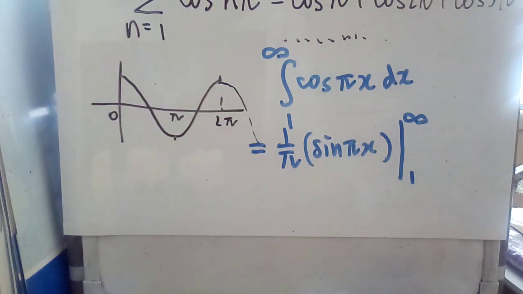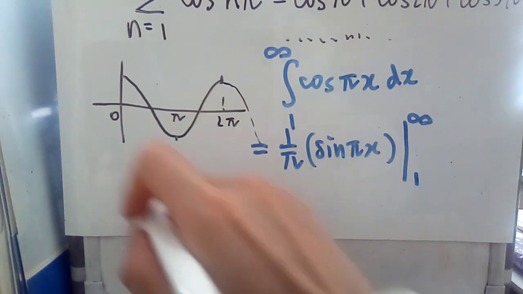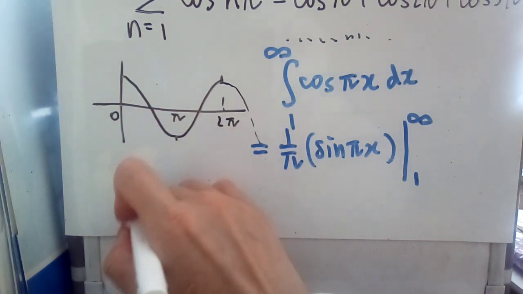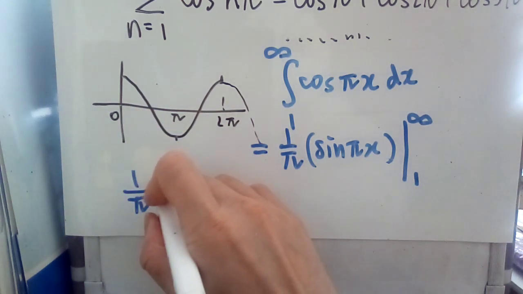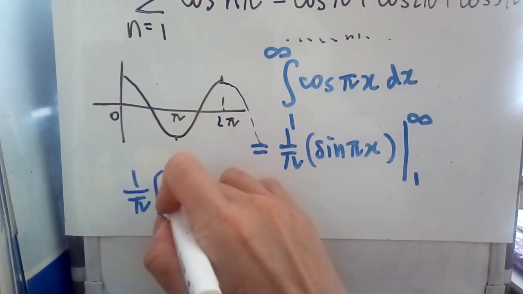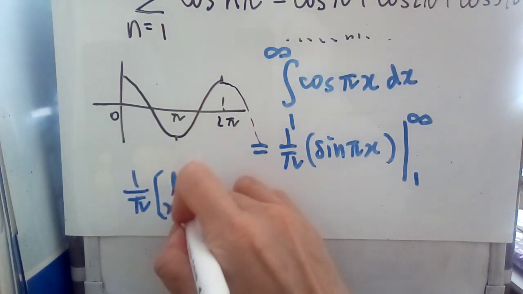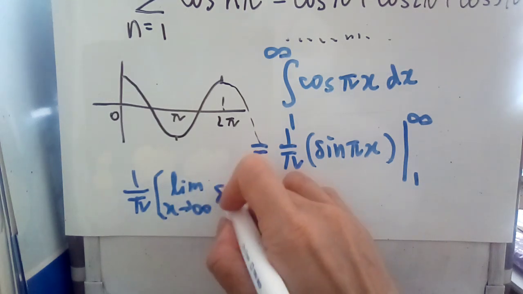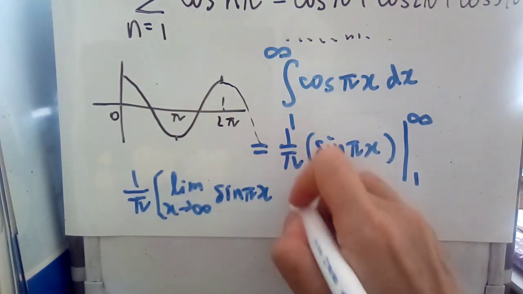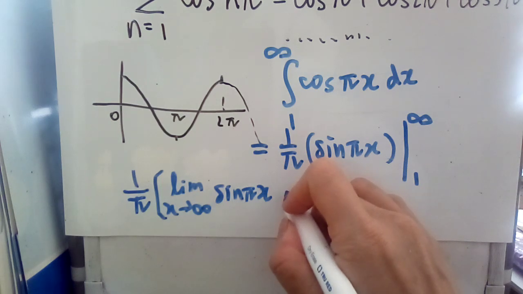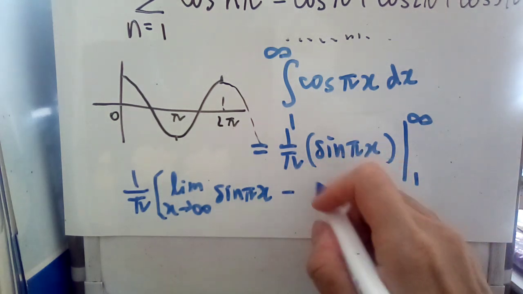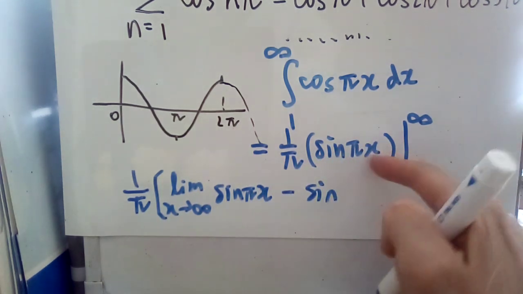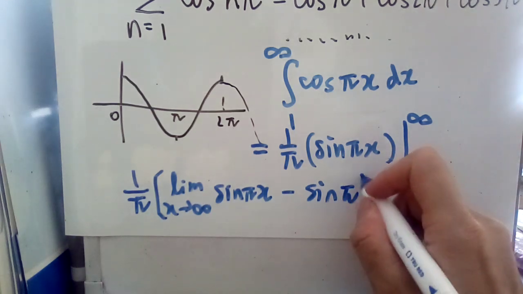So I can rewrite it as 1 over pi, and then this is going to be the limit, right? So we're going to have sine pi x, and then minus the lower bound, which is 1, so sine pi.